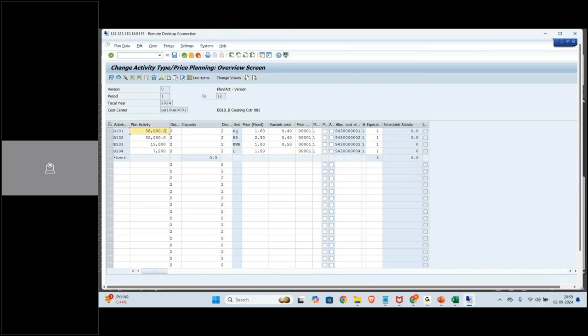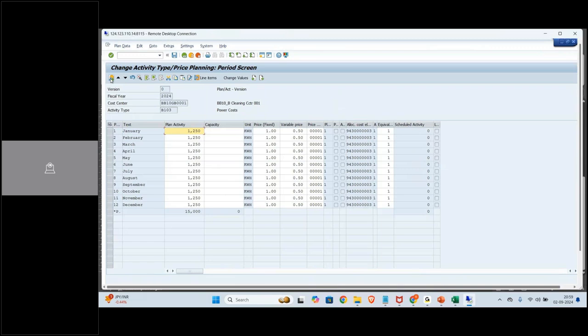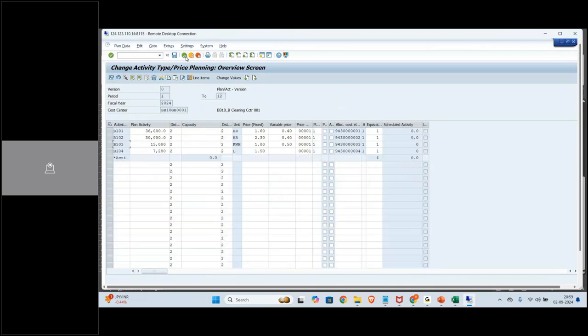The unit of dimension is hour, whereas electricity is 15,000 units, kilowatts. If you want to see by month, you can go here. Now coming back to your question, Rishikesh, these quantities are assigned to version 0.